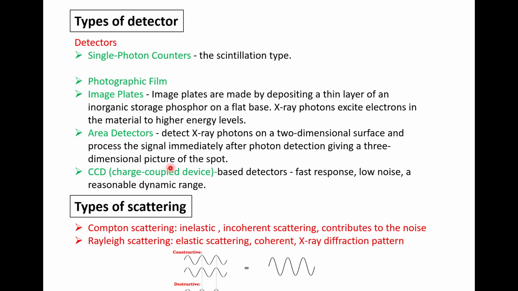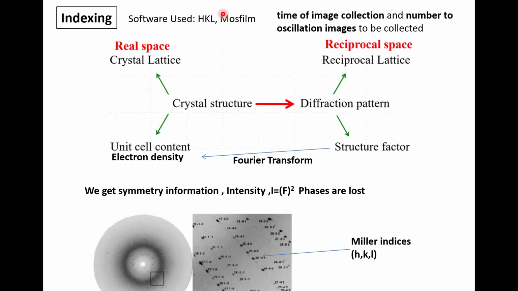To avoid that, we require that three-dimensional ordered crystal. So this is what was left out in the last class, and now we know that we require an X-ray source, a crystal, and a detector.